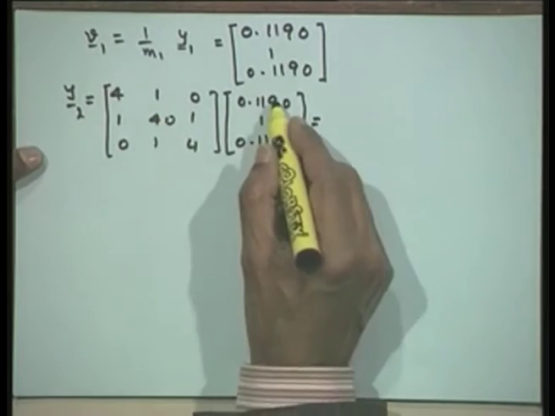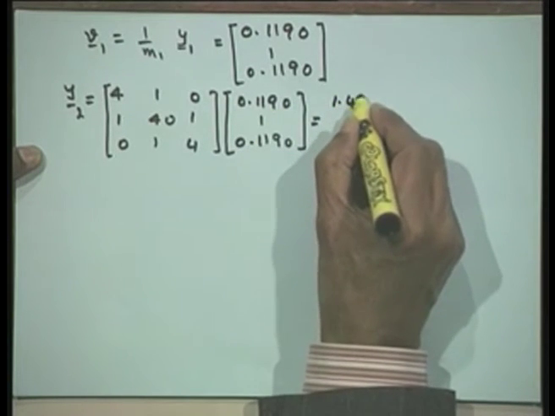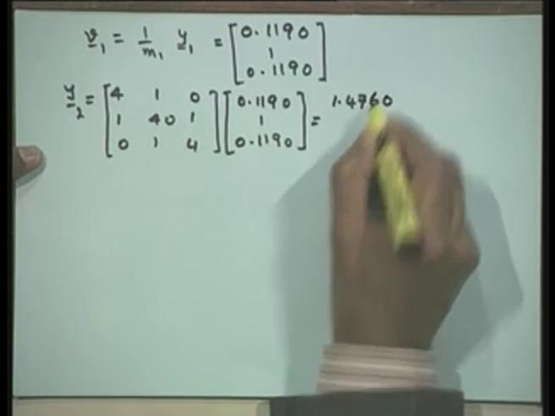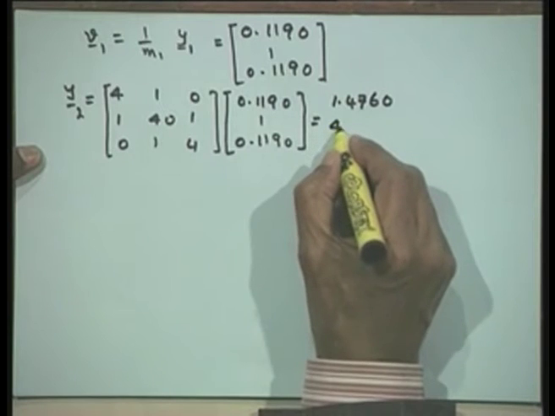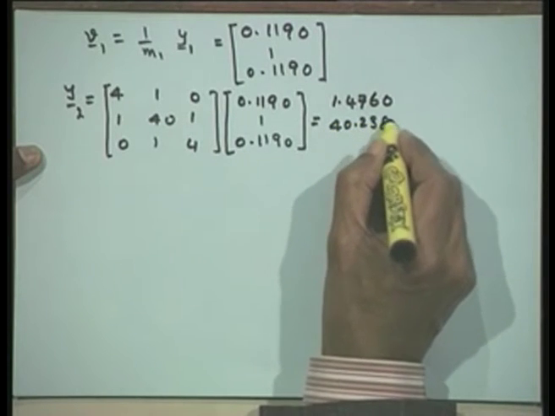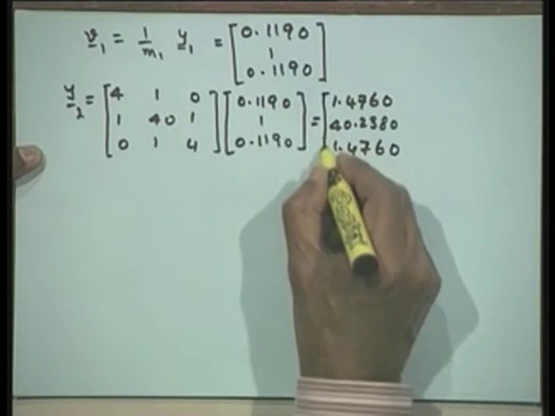So, this gives me 4 times 0.1190 plus 1, that is 1.476, and the middle value is 0.1190 plus 4 plus 0.1190, that is 40.238, and then 1.4760.